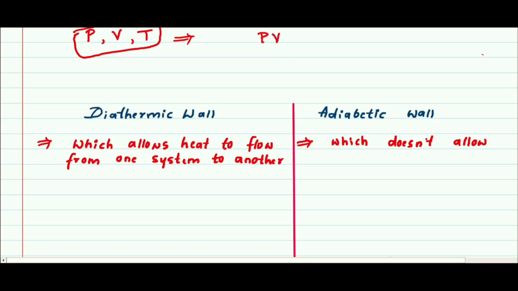PV = nRT, where P represents pressure, V represents volume, R represents the gas constant, T represents the temperature, and n represents the number of moles present in the thermodynamic system. So this equation is called the equation of state.